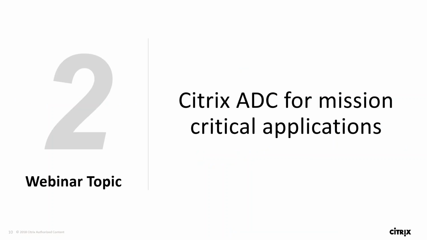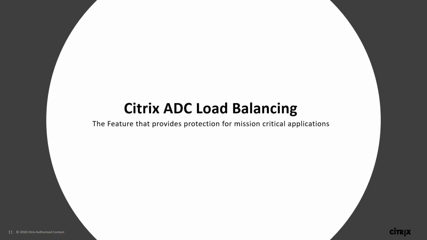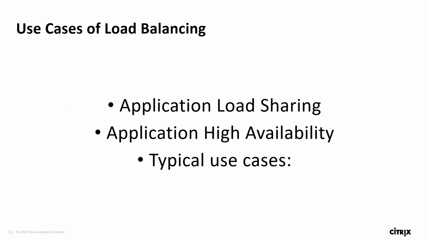So let's move on. The Citrix ADC can provide HA protection for mission critical applications. Citrix ADC load balancing is a feature that provides protection for mission critical applications. Application layer load balancing: Citrix ADC load balancing distributes user requests for web pages and other protected applications across multiple servers that all host the same content.